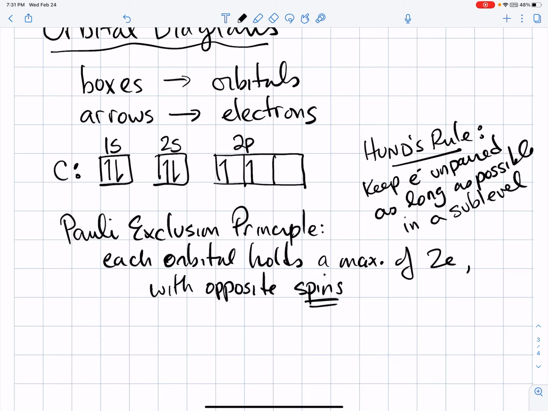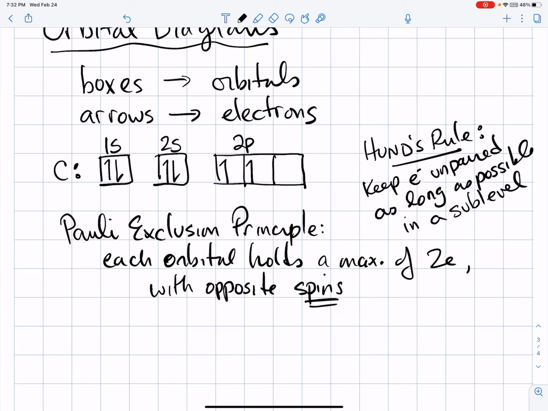Okay, so we're filling up the 2p sublevel. We're filling 3 equal energy orbitals. We need to keep the electrons unpaired as long as possible. One way to understand why is because electrons are negatively charged. If you put them in the same box, they would repel each other when there's 2 other boxes with equal energy available.